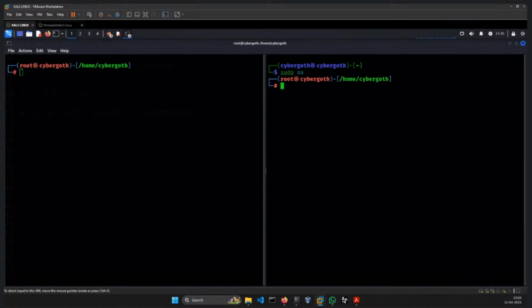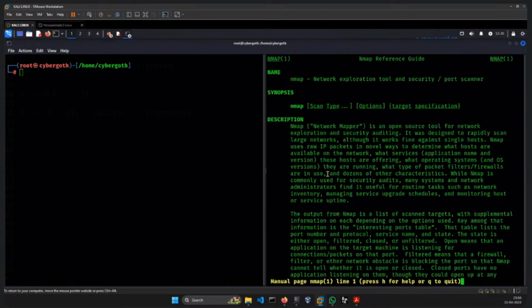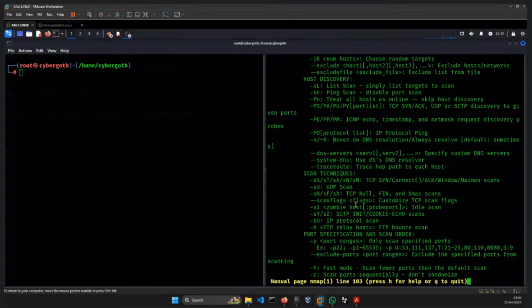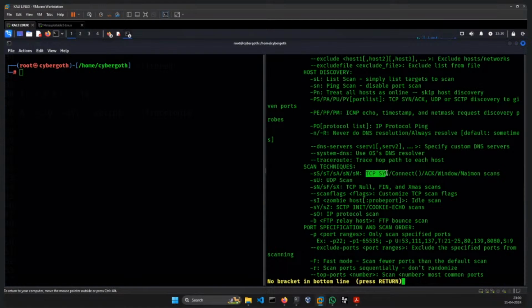Now coming to this -sT scan. If you go to the man page of nmap, there are certain disadvantages of this type of scan. You can see -sT is the connect scan. This connect scan is not as effective as the SYN scan, as it does not send raw packets. The TCP SYN scan is still better compared to the -sT scan.